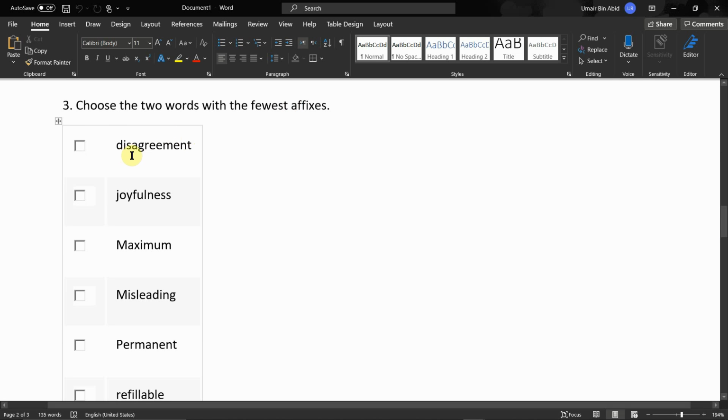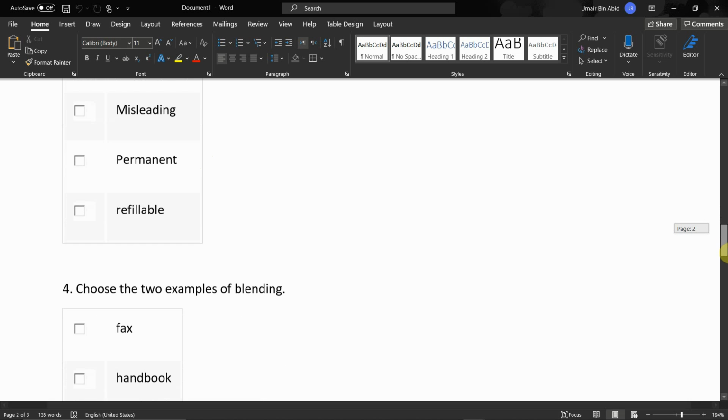If we look at disagreement, there are dis and ment, two affixes and one root morpheme. Joyfulness has three affixes. Maximum is the root word, so it has no affixes. So one could be this word, maximum.